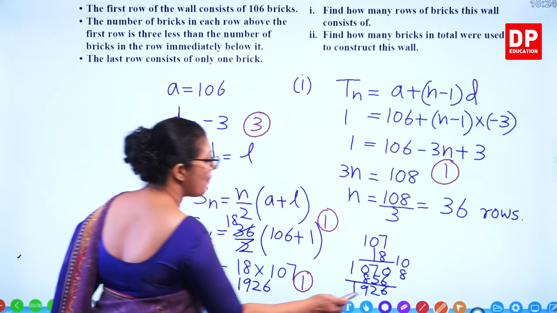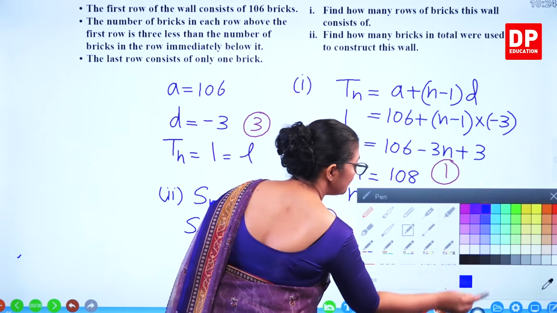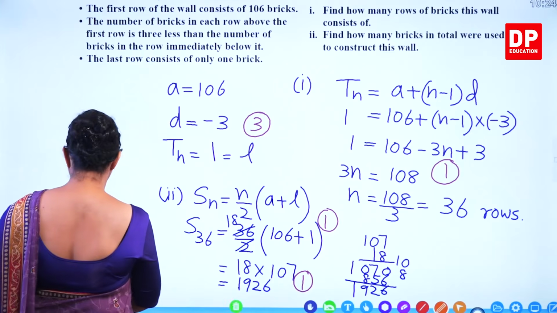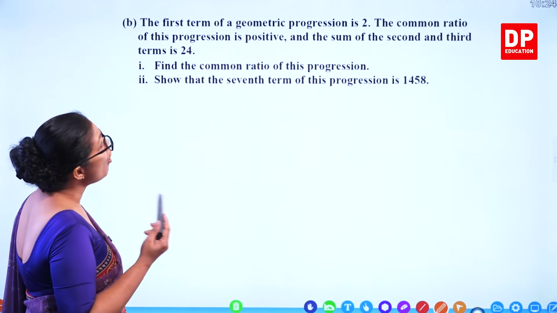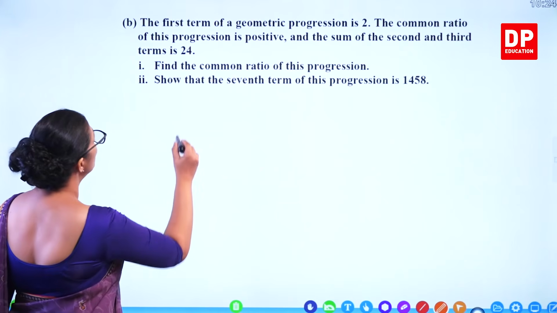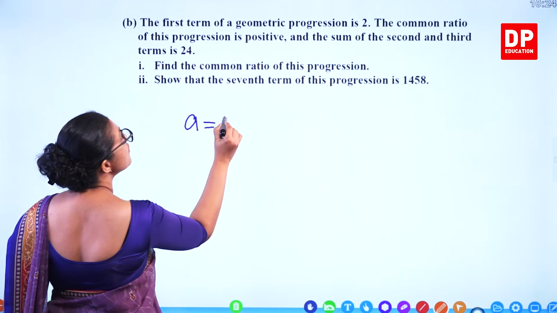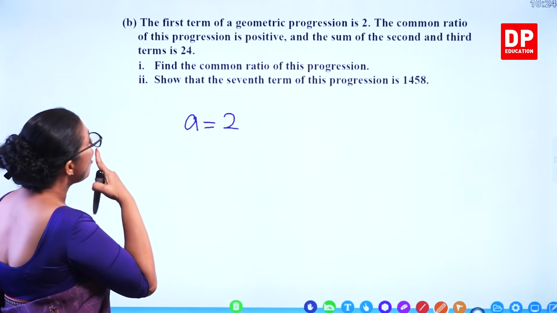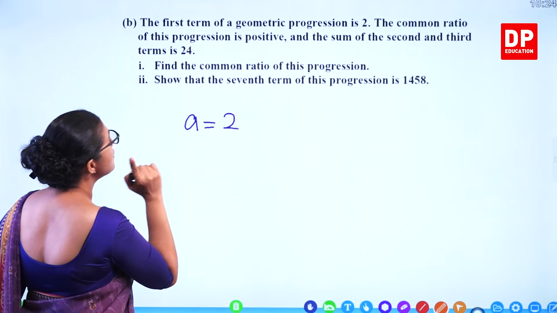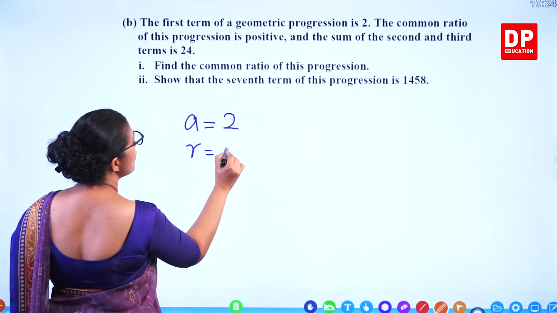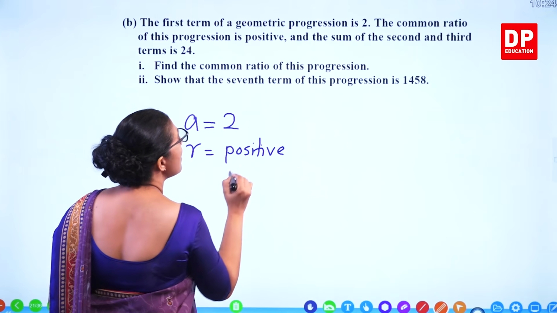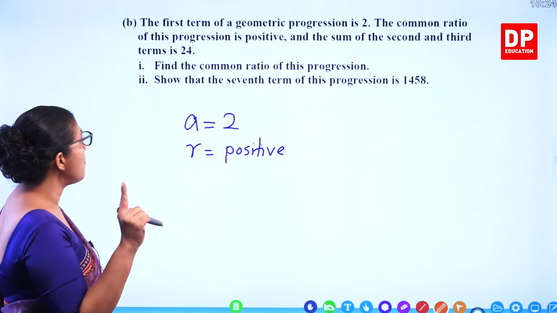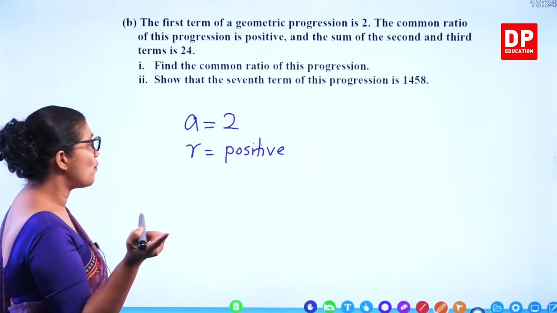Now we'll do part B. Part B: the first term of a geometric progression is 2. Now this is about geometric progressions. The first term is 2. The common ratio of the progression is positive, so r is positive. And the sum of the second term and the third term is 24.